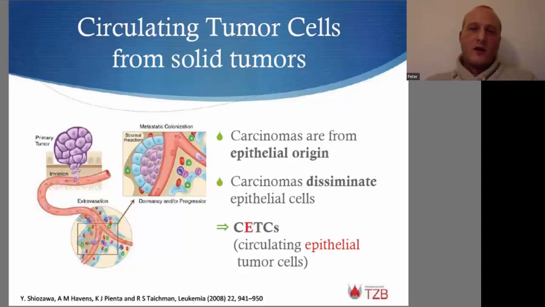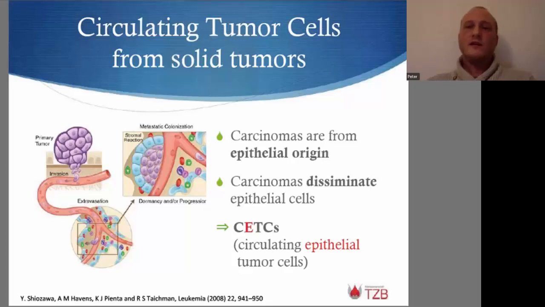So by looking at the cells, you can't say what kind of tumor it is, but you can say what the origin of all these tumor cells in the blood is.